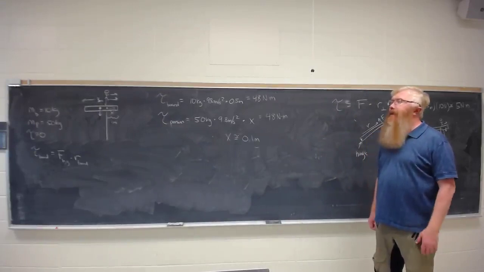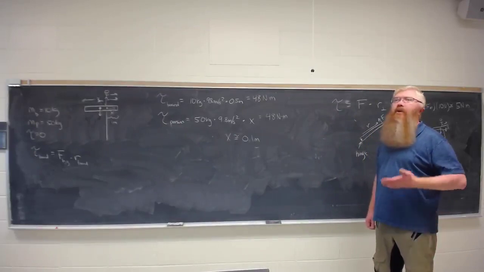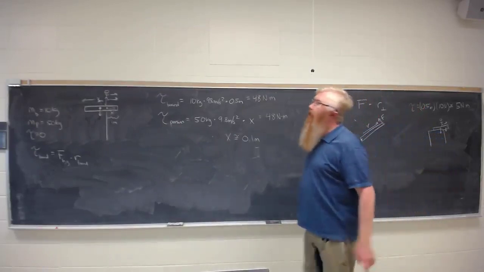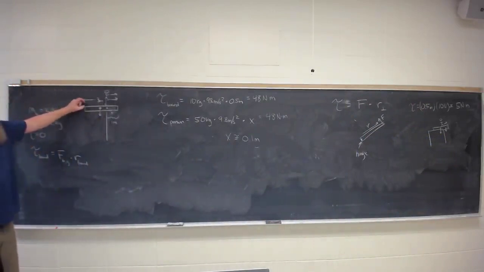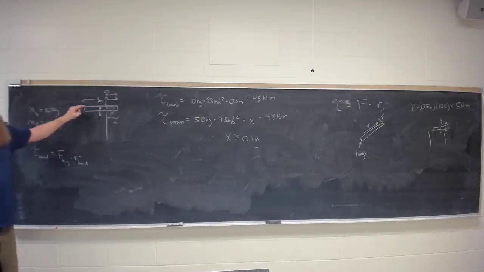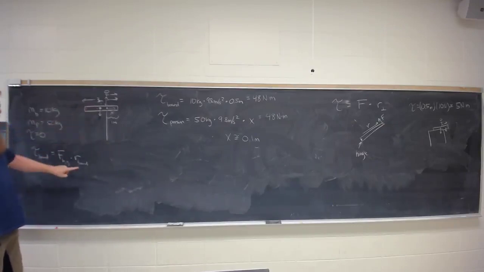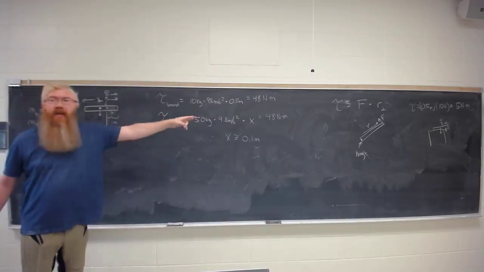A homework problem might involve something additional. Say I put a box at this end that weighs 10 kilograms. How much further can I walk out? It might be one additional torque you have to deal with that you would add to the torque of the board. The box at the end would be 1.5 meters times whatever the force of gravity is, and you'd add that to the board and then set that equal to the person.